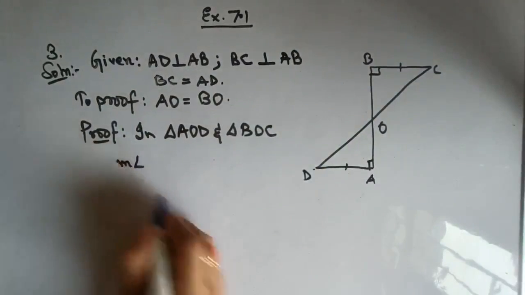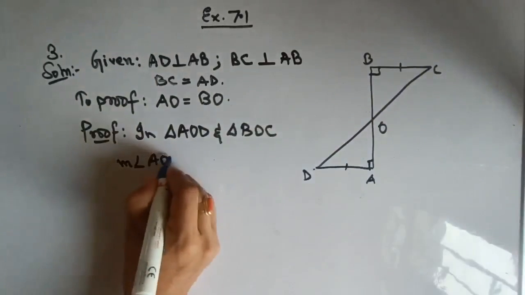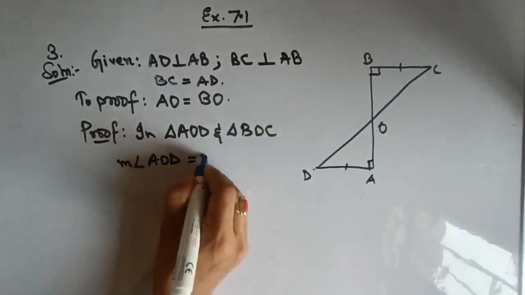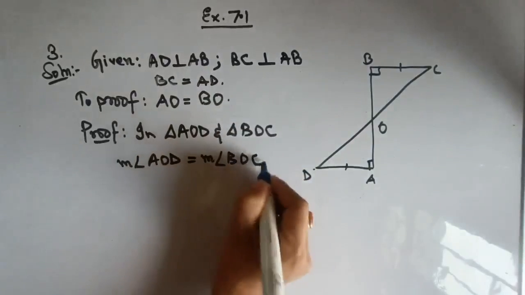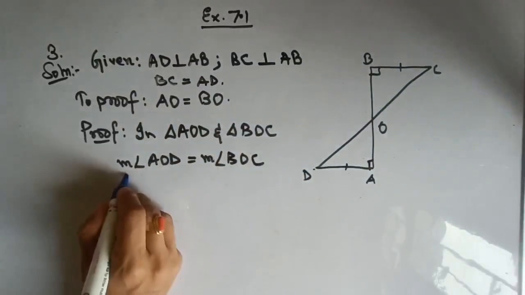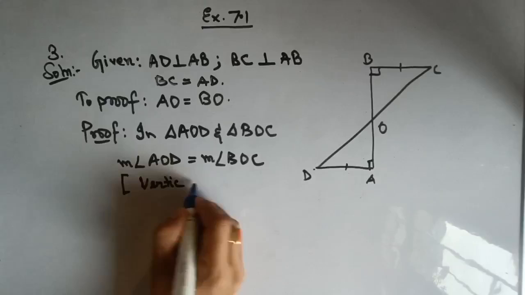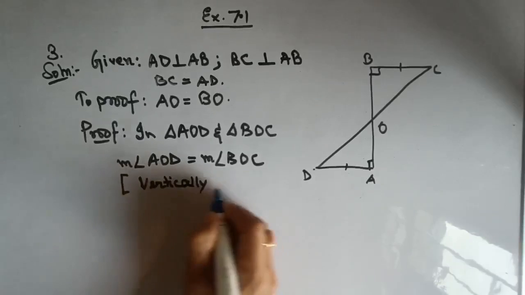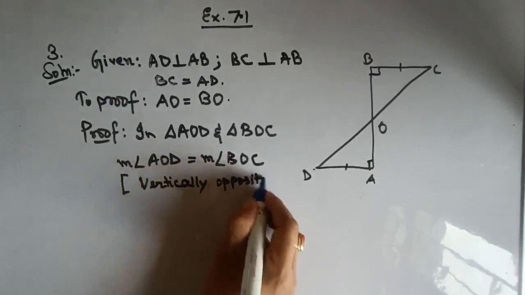From these two triangles we get measurement angle AOD equal to measurement angle BOC, because they are vertically opposite angles.